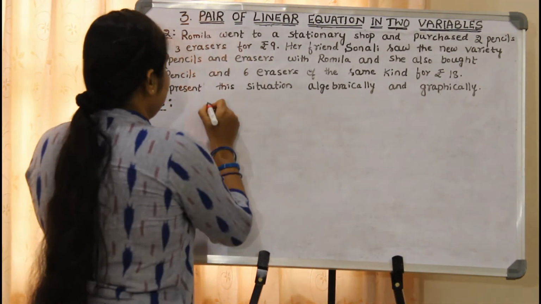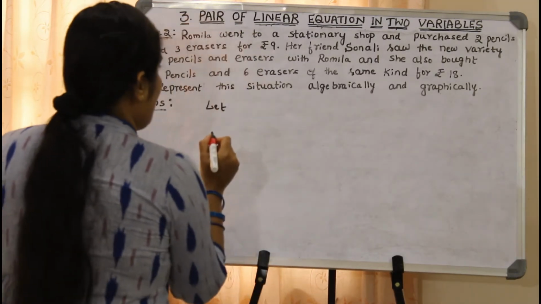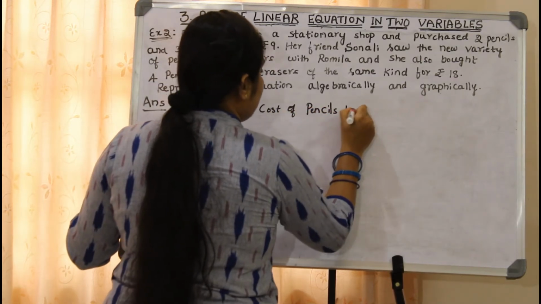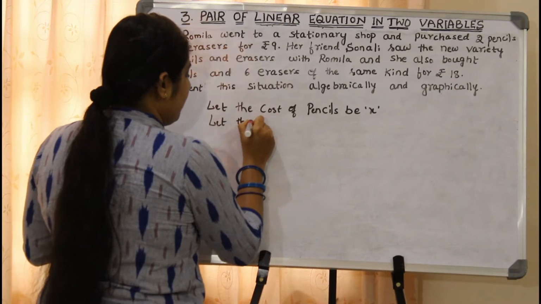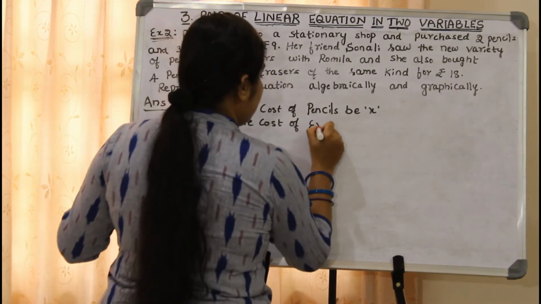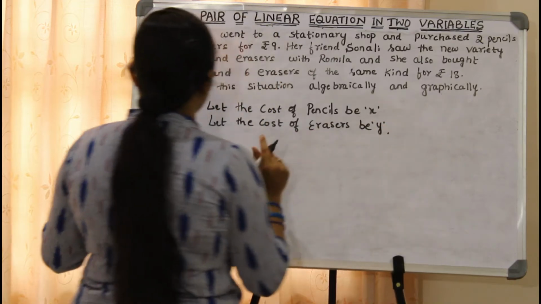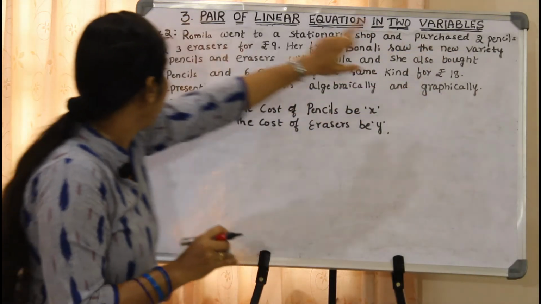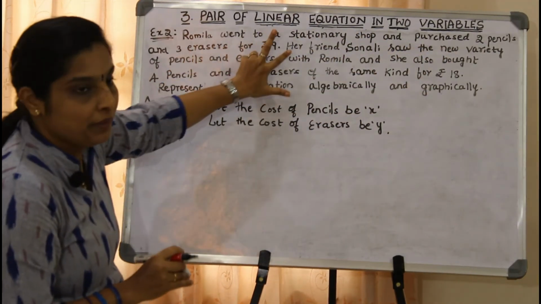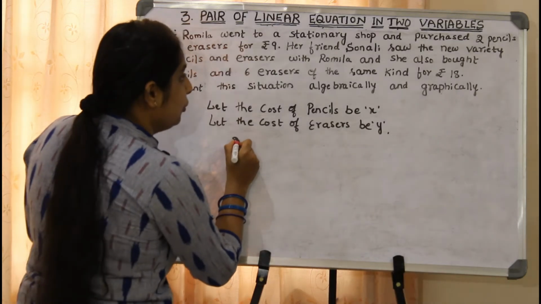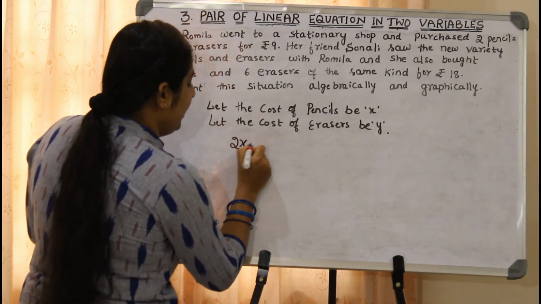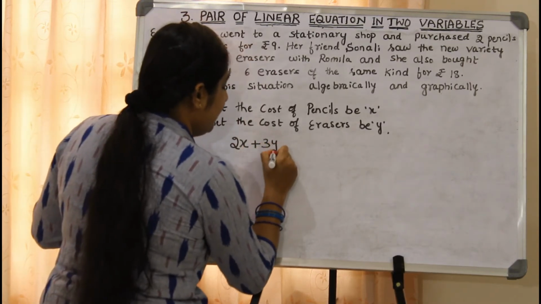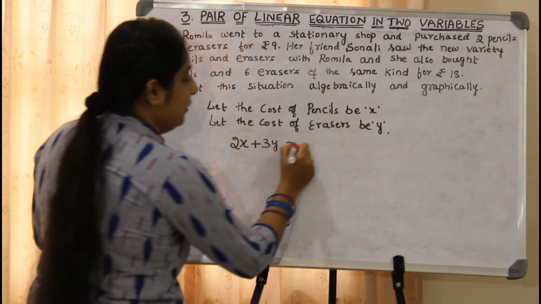So we have to assume, let the cost of pencils be x, then let the cost of erasers be y. Now according to the first condition, Romina bought 2 pencils and 3 erasers for ₹9. So that will be 2 pencils, that is 2x, plus 3 erasers, that is 3y, is equal to the total cost, 9.